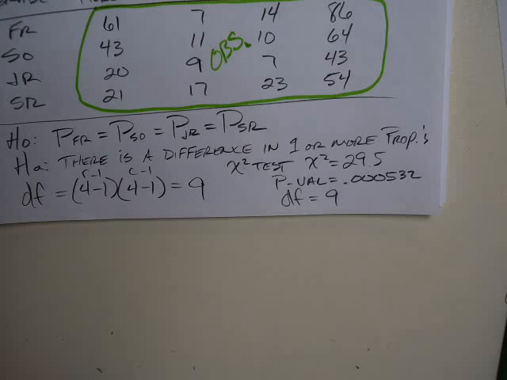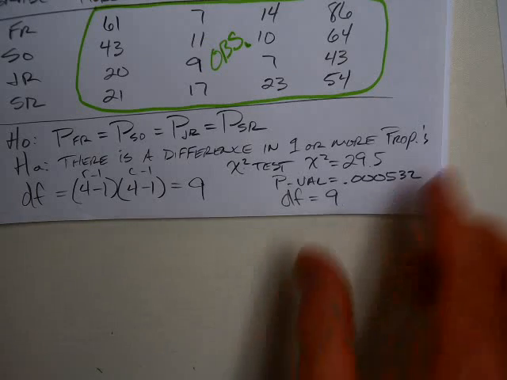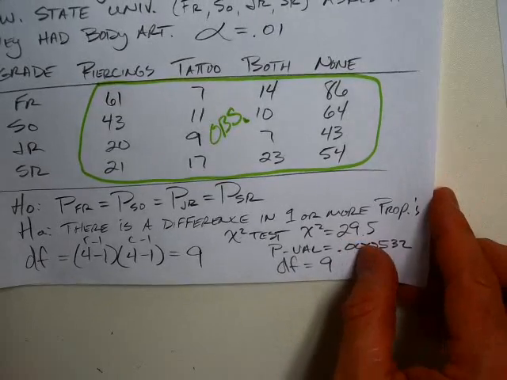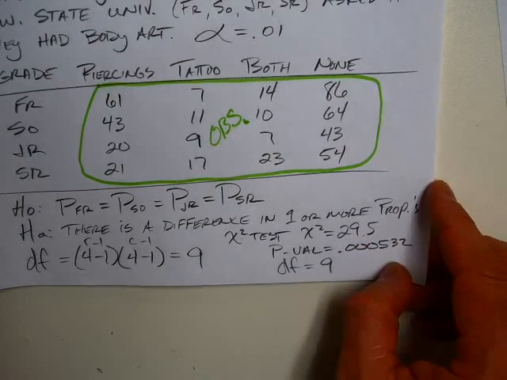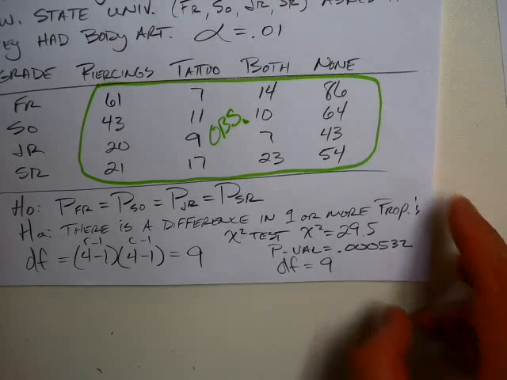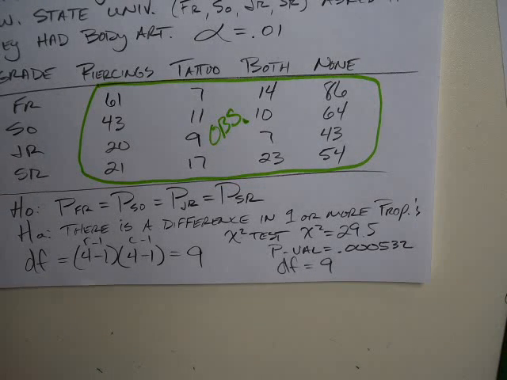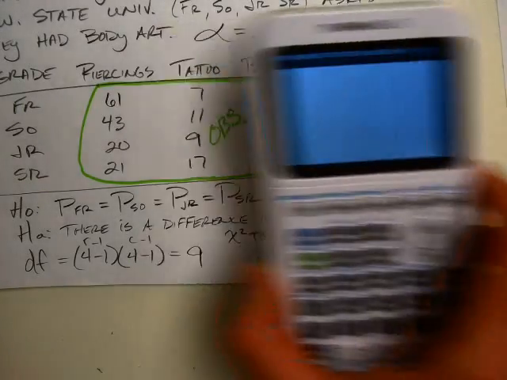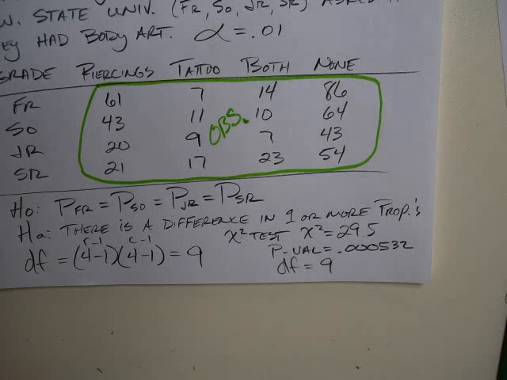But if you're planning on taking the AP test, maybe look at that. Remember that's observed minus expected squared divided by expected. You can get your expected values from the B. But for the rest of us, don't worry about that.